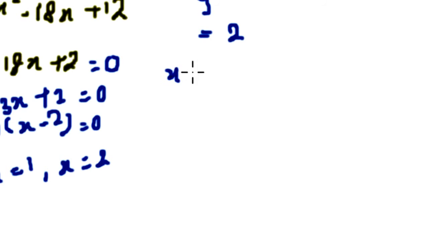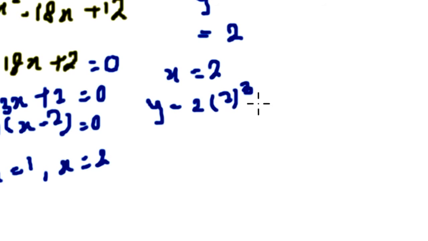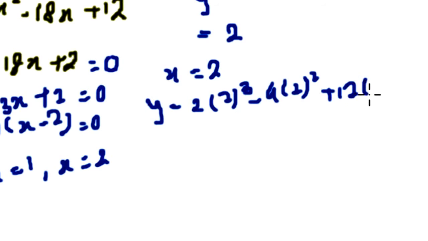Then when x equals 2, y is equal to 2 to the power of 3 minus 9 times 2 to the power of 2 plus 12 times 2 minus 3. You will get 1.